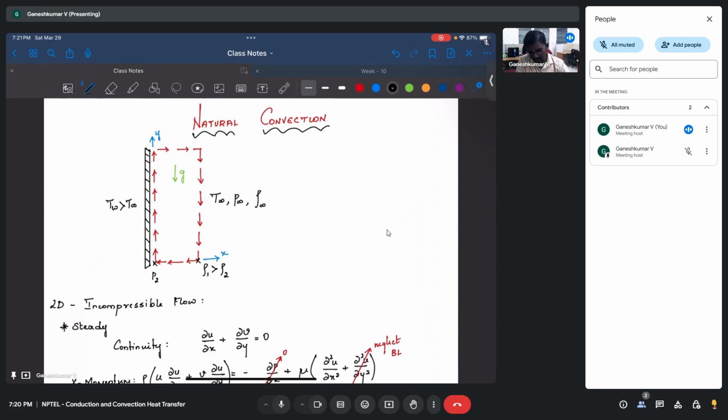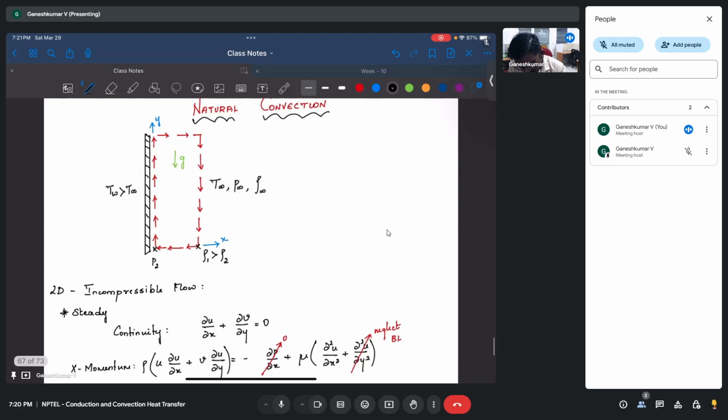Okay, so this is the setup we have here. We have a vertical flat plate, and we are heating the flat plate. Since we are heating it, the gas which comes here takes away some heat, and when the gas gets heated, it becomes lighter.